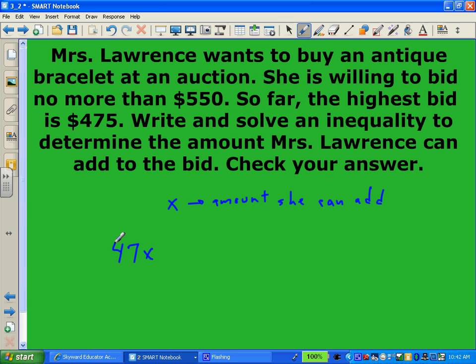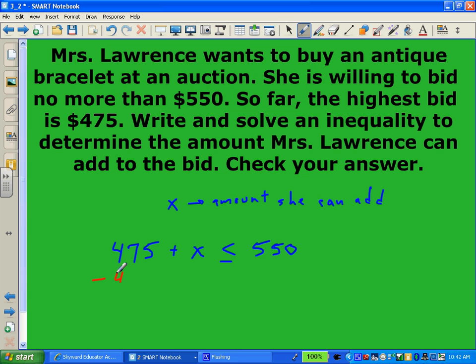So we have the current bid, which is $475, plus the amount that Miss Lawrence can add. Can't be any more than or no more than, so less than or equal to, $550.